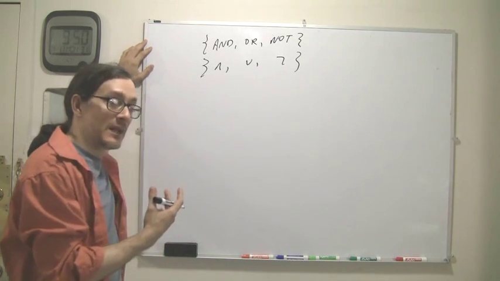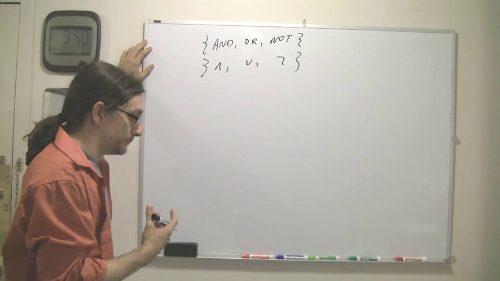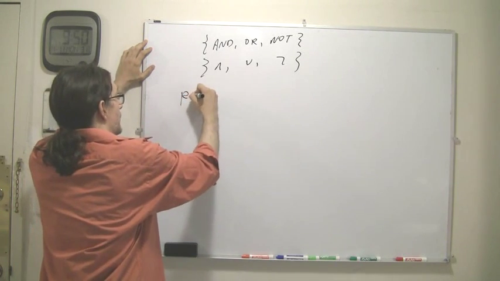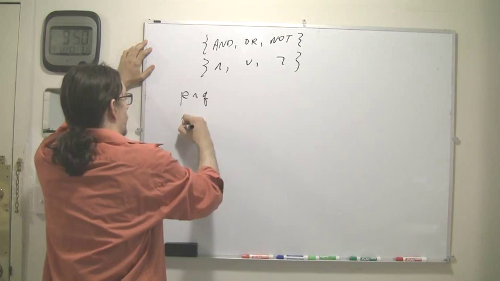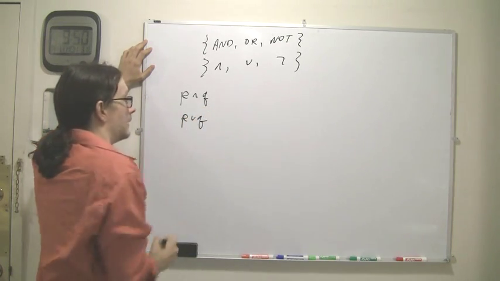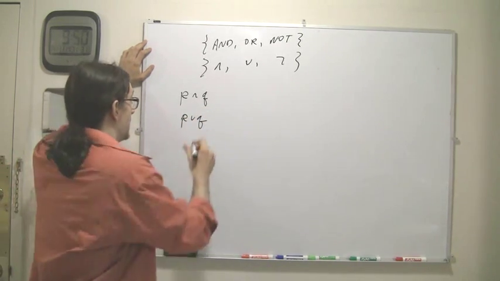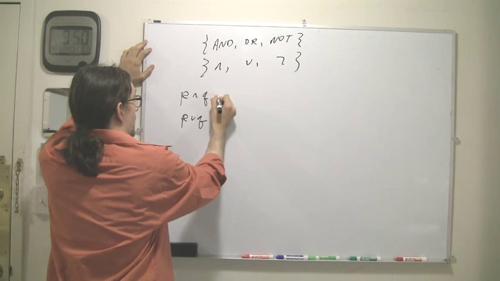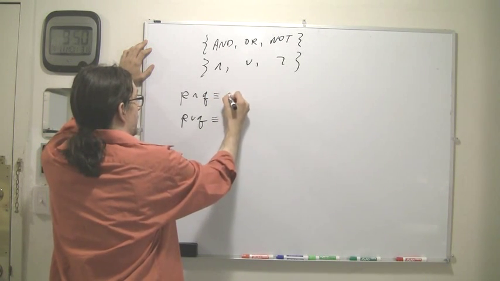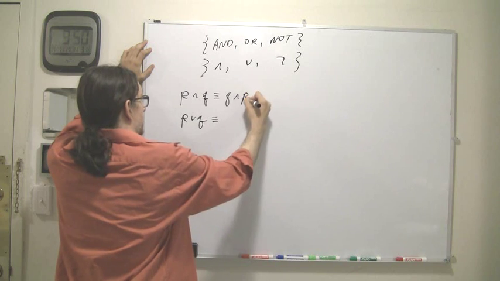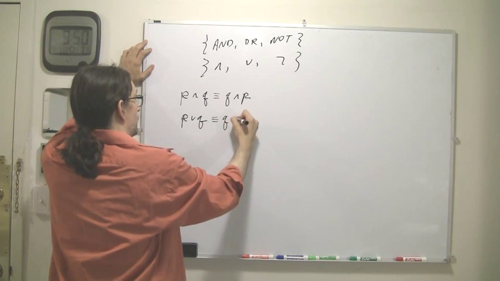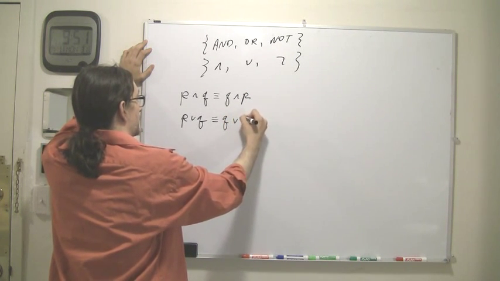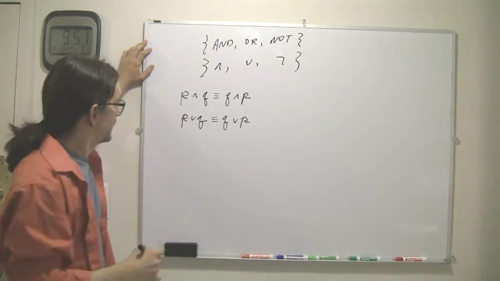We can quickly give an argument for that. Notice that both and, or are commutative, right? Meaning that they have exactly the same result if you reverse variables, right?